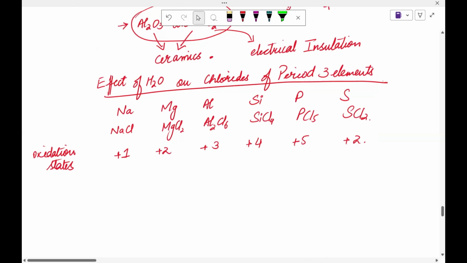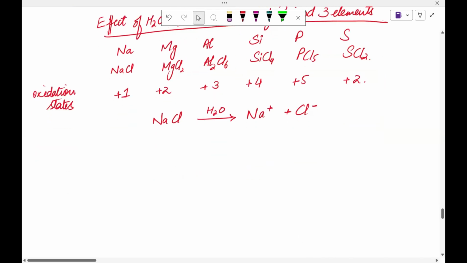When we put NaCl in water, what is going to happen? It is going to break into its respective ions. Sodium is surrounded by 6 oxygen atoms, arranged in this form.